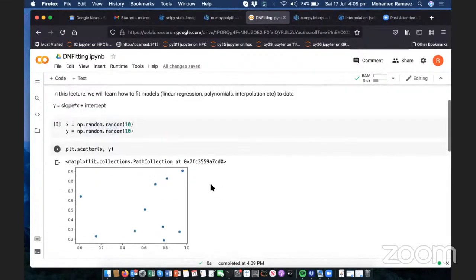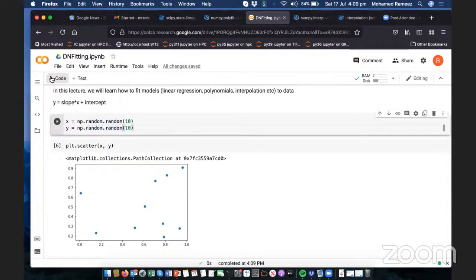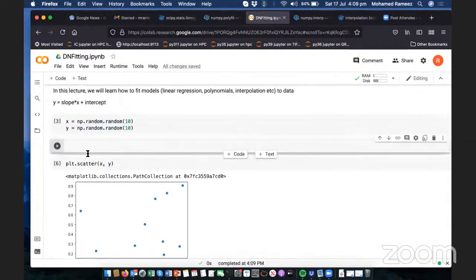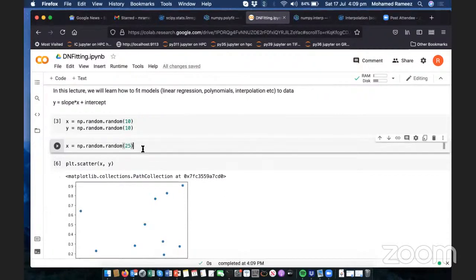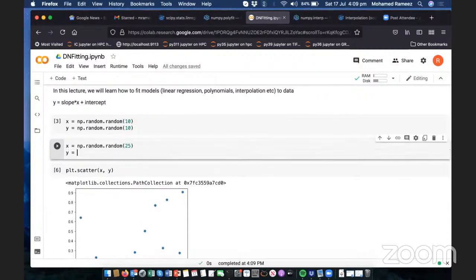Perhaps to be more illustrative, what we shall do is generate x equals np.random 25 and y equals 12.5 star x plus 14 plus np.random 25.